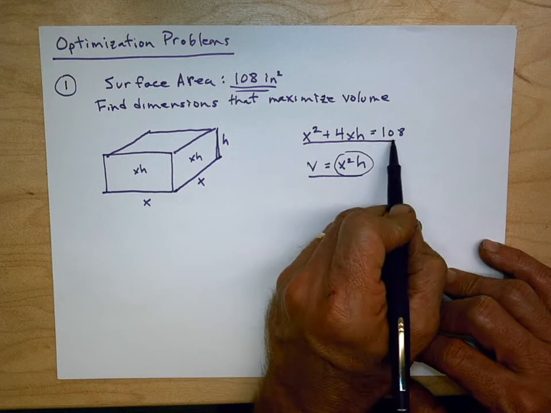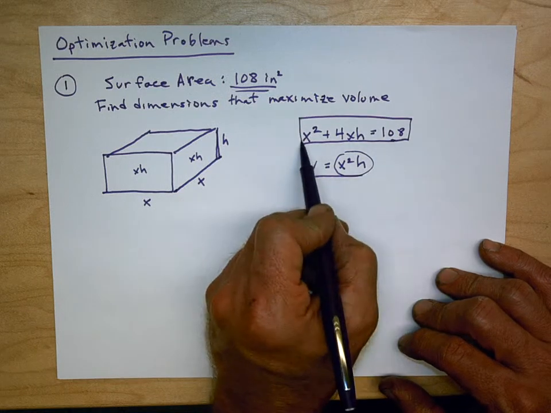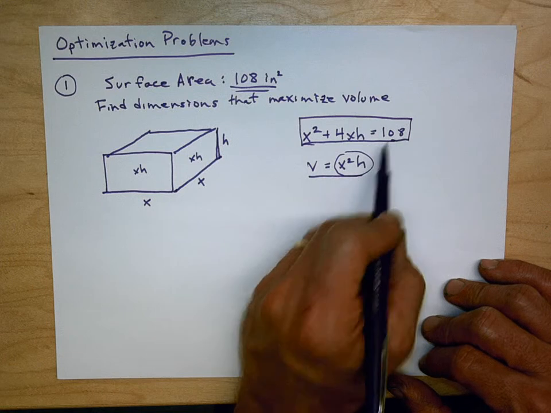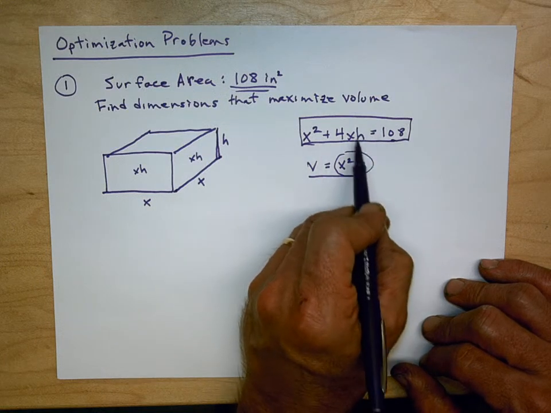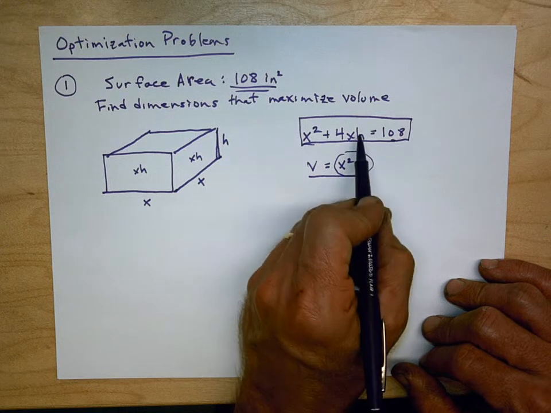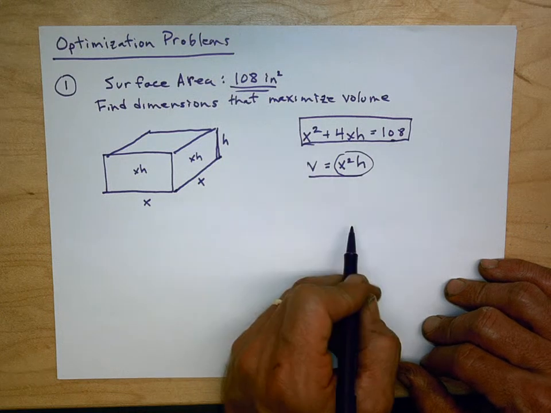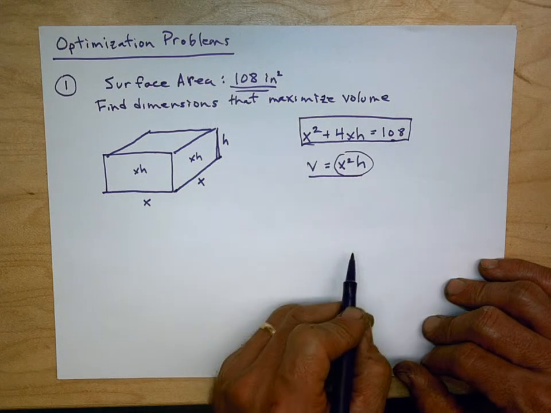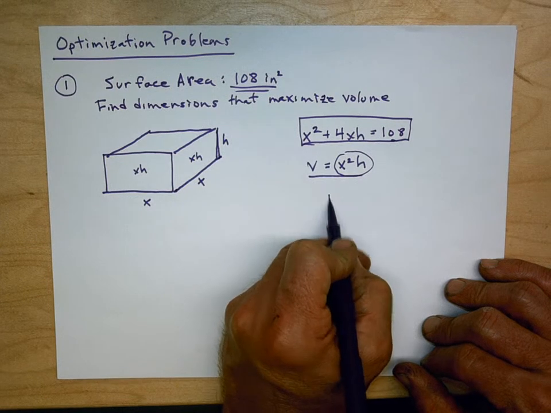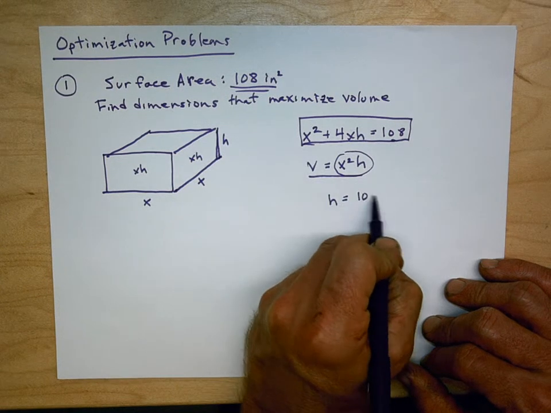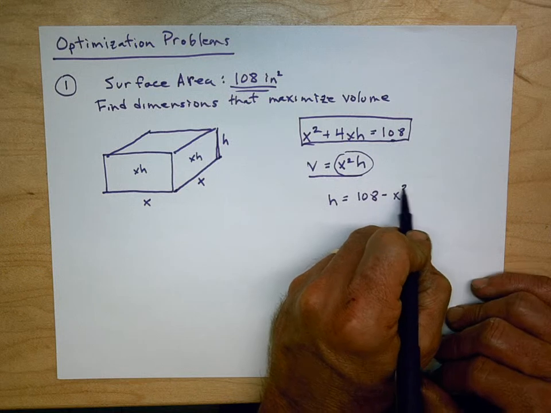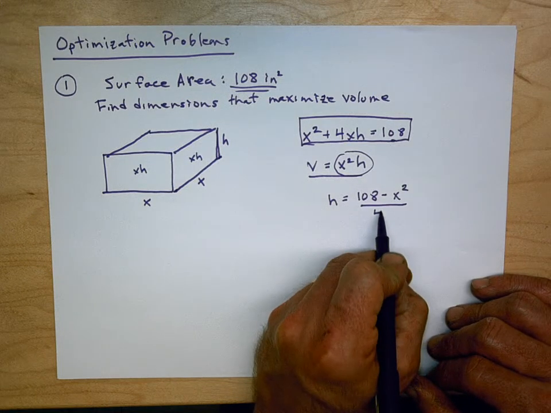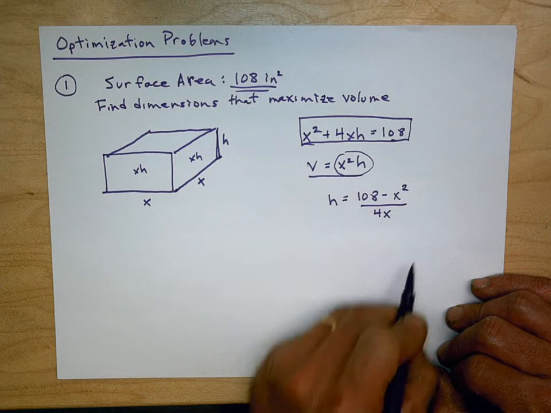The constraint they give us is usually where we're going to be able to substitute for one of these. You can see here it's probably easiest to isolate h. We can do that by subtracting x squared from both sides and then dividing both sides by 4x. That would give us h equals 108 minus x squared, over 4x.